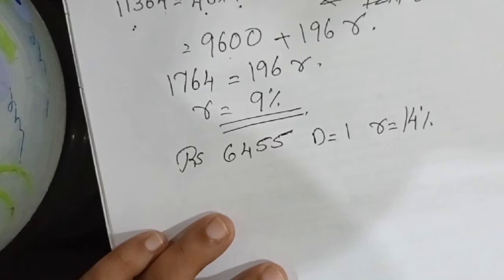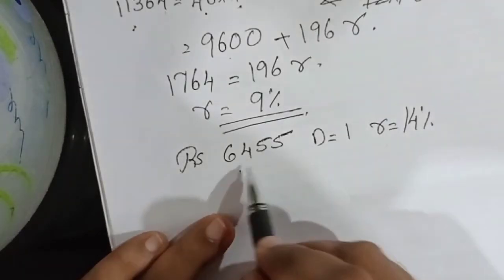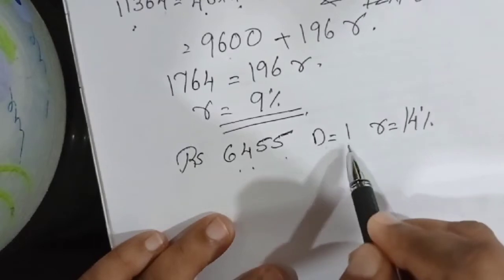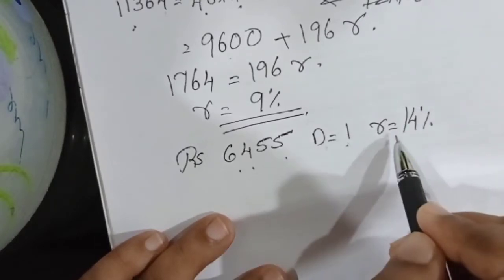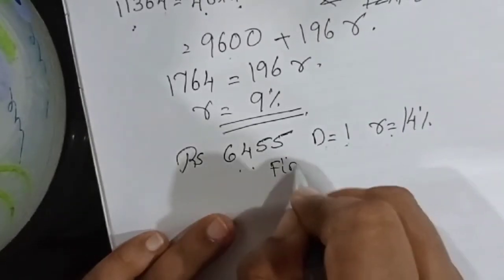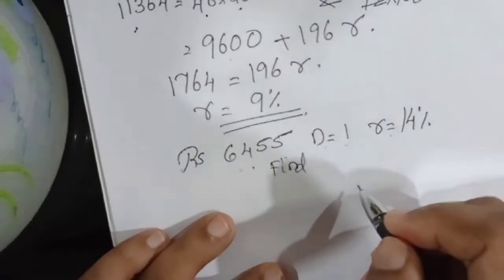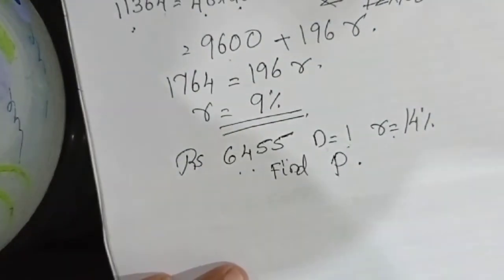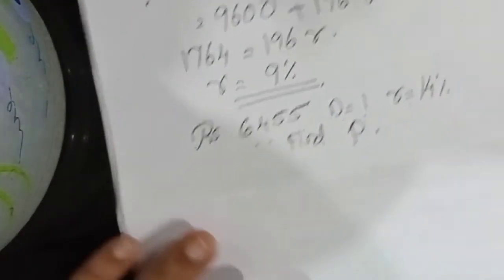Mr. R.K. Nair gets rupees 6,455 at the end of 1 year means N equal to 1 year, at the rate of 14%. Find the monthly installment. P is the monthly installment.